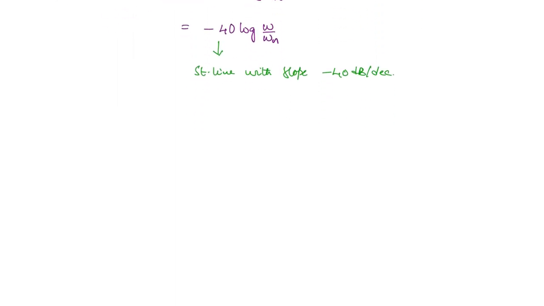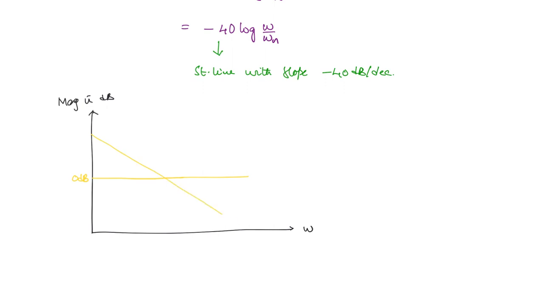Now you can draw the magnitude plot. This is magnitude in dB and here we have the frequency omega. Now first we will draw the two asymptotes. One is at 0 dB. Let us take this to be 0 dB. And the next line is a line with slope minus 40 dB per decade.